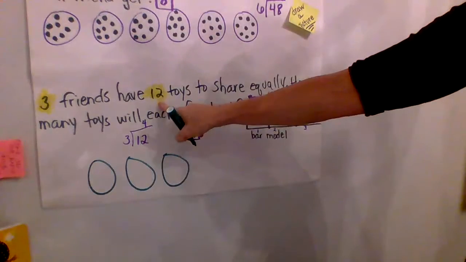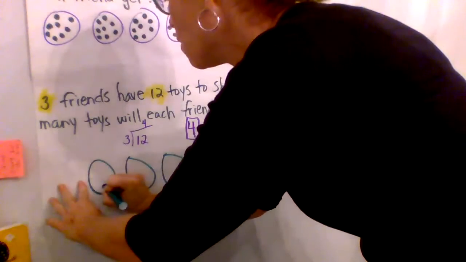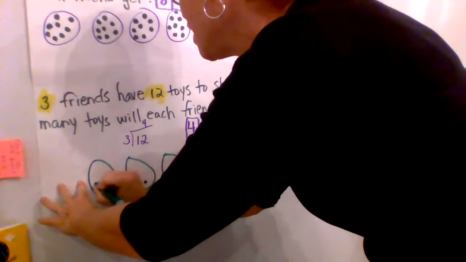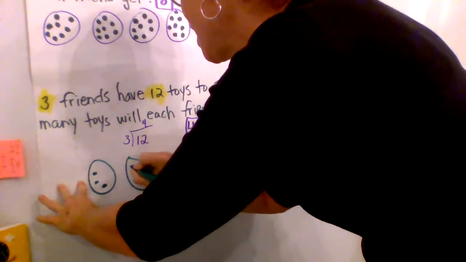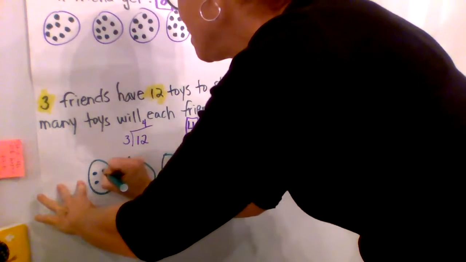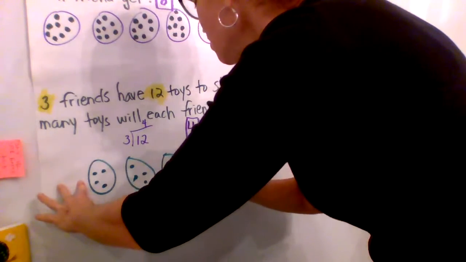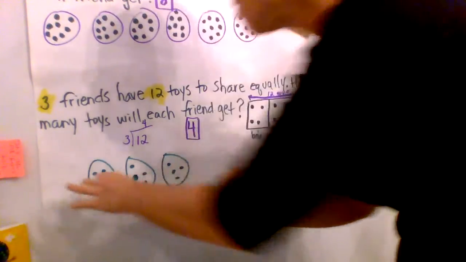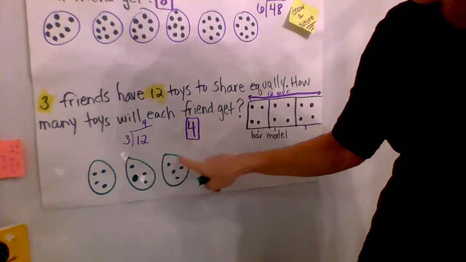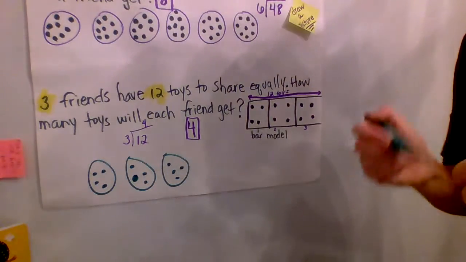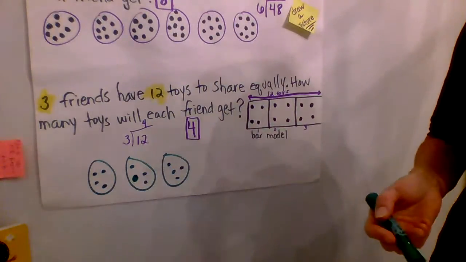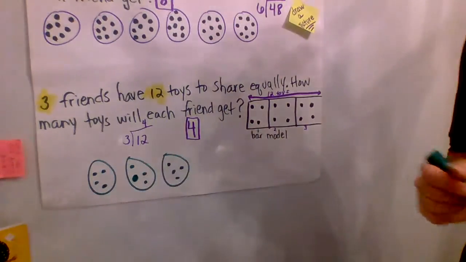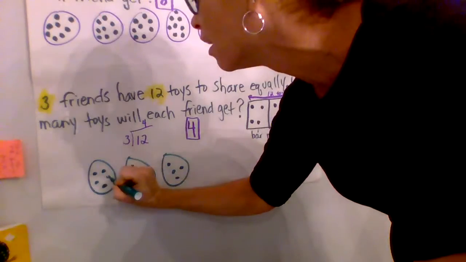Again, I'm going to divide 12 equally. 1, 2, 3, 4, 5, 6, 7, 8, 9, 10, 11, 12. Notice how I separated my toys so they're easy to see and easy to count, and I can easily look and say, yes, I divided the 12 toys equally. Each one has 4.